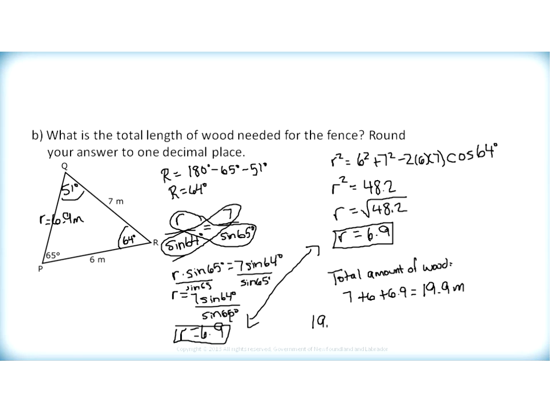So 19.9 meters is needed for the fence. Doesn't matter whether I use sine law or cosine law here. When I'm only missing one single piece from my triangle, either one will work.